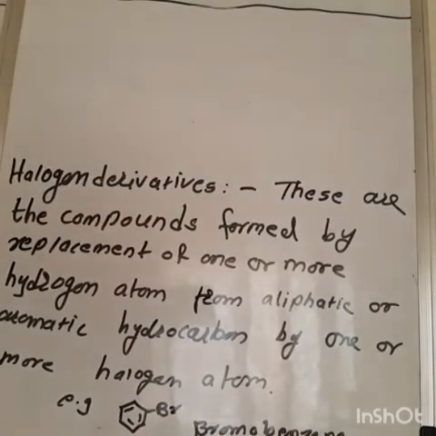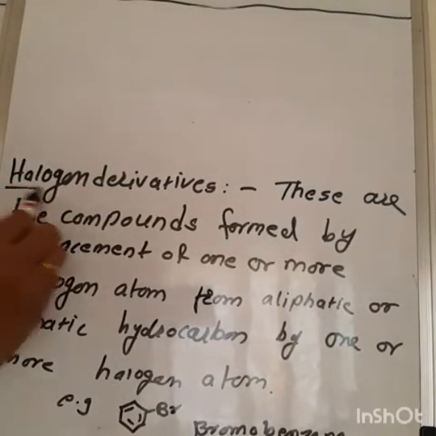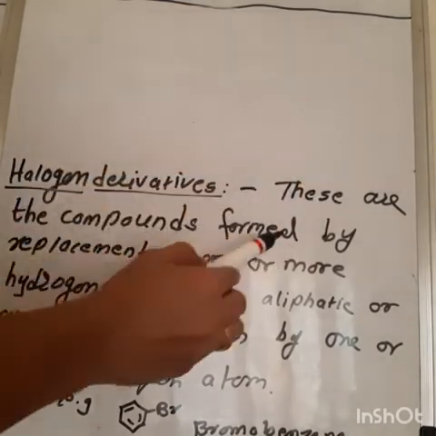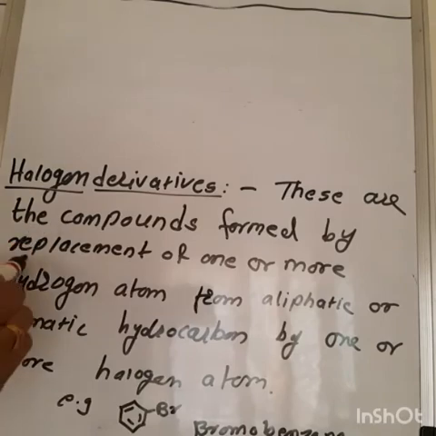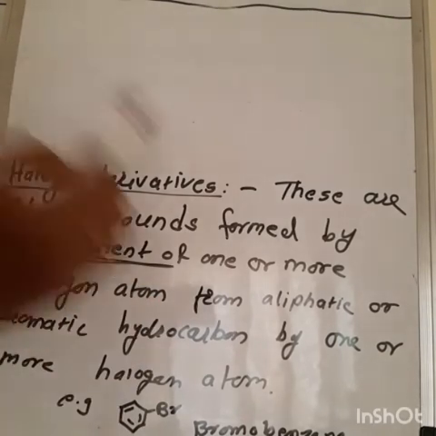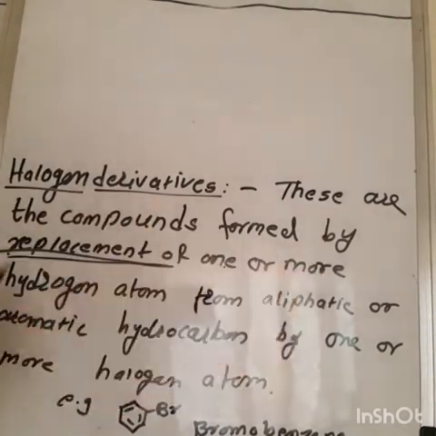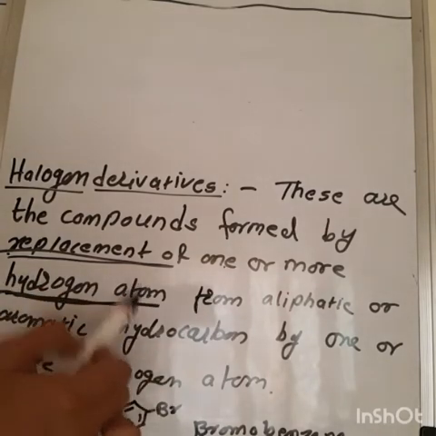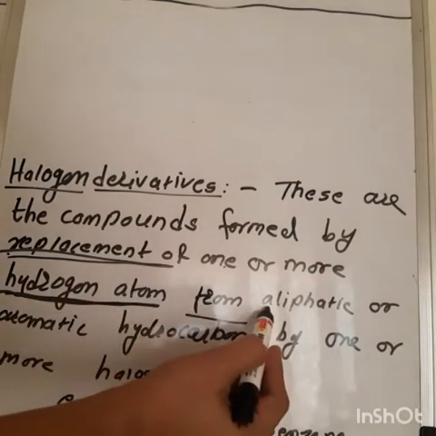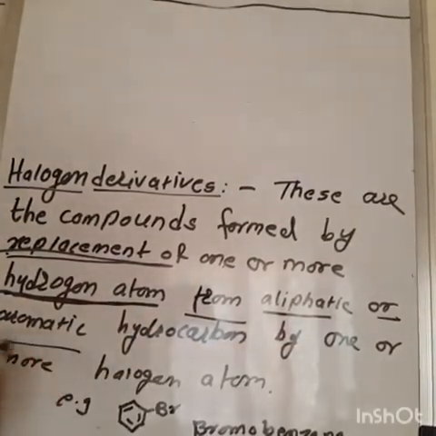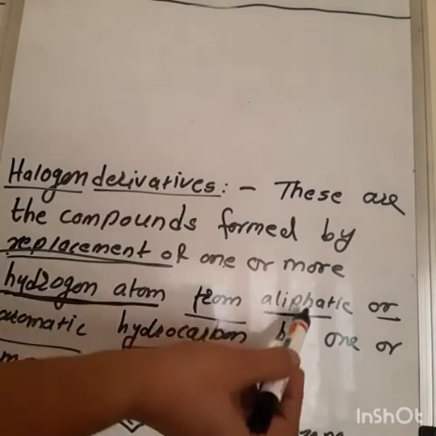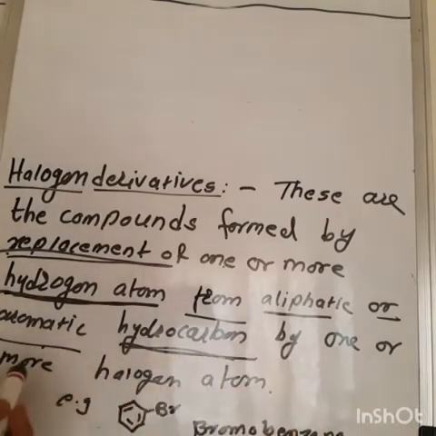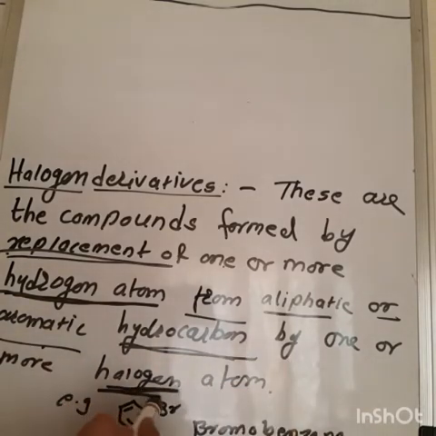Okay, so what is the definition of our topic, halogen derivatives? These are the compounds formed by replacement of one or more hydrogen atoms from aliphatic or aromatic hydrocarbon by one or more halogen atoms.